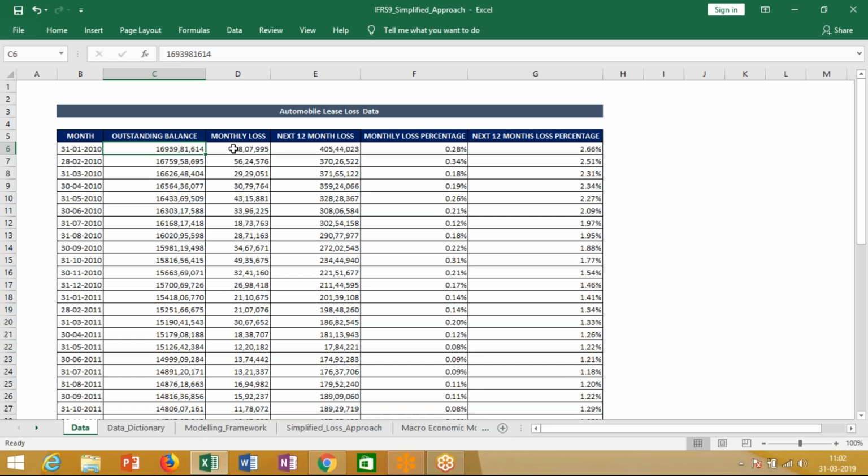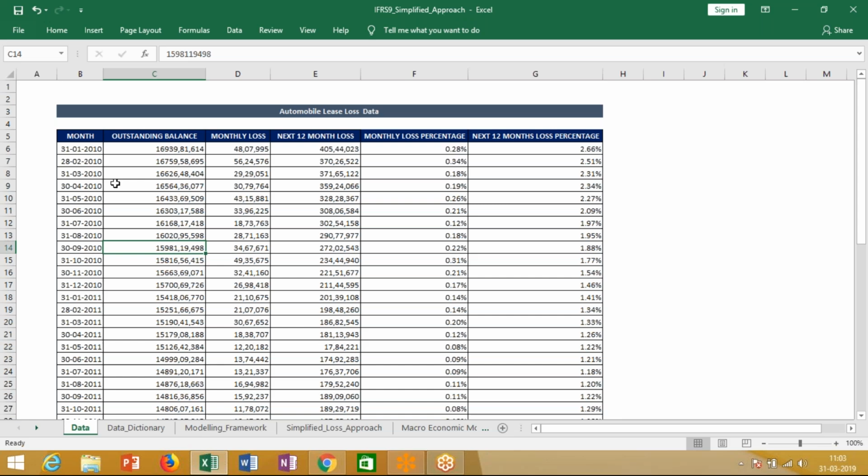My objective is to predict, or to have an understanding of, at least the next 12 months loss, and from there convert it to a lifetime loss, right? Over here, when I'm doing the simplified approach, because I do not have any staging exercise, I would aim to compute the lifetime loss.